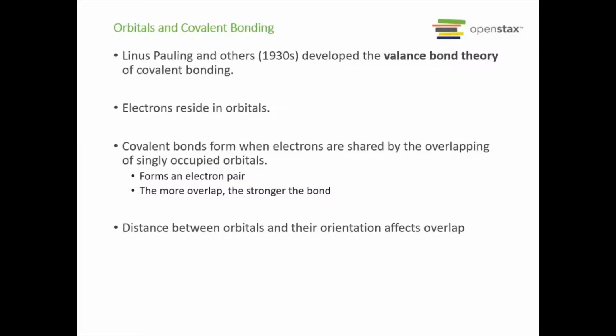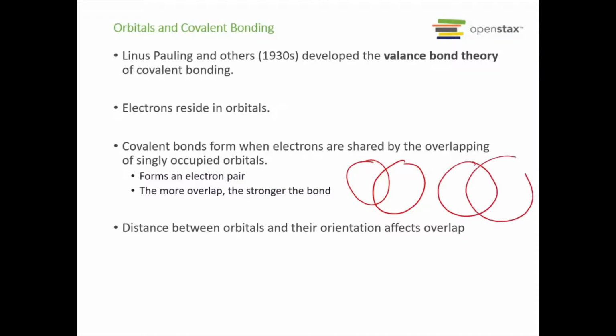And the more overlap you have of your orbitals, the stronger the bond. If you have 2 s orbitals overlapping like that, that's not bad. But if they have even more overlap, that's an even stronger bond because there's more interaction. The distance between the orbitals and the orientations of the orbitals themselves affects this overlap.